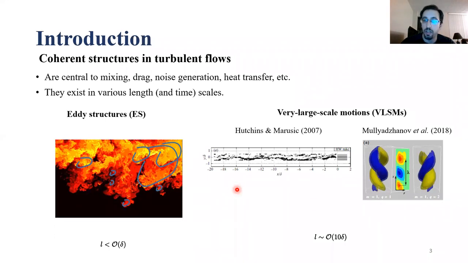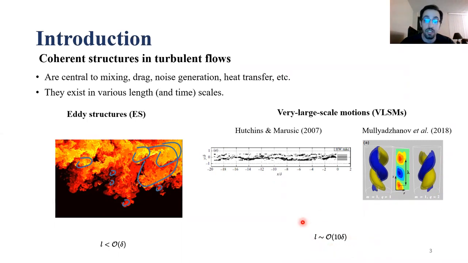So they are very long. Also, these very large-scale motions have been reported in jet flows, for example. Here we're seeing a helical structure in jet flows reported by Milad Samie et al. in 2018.